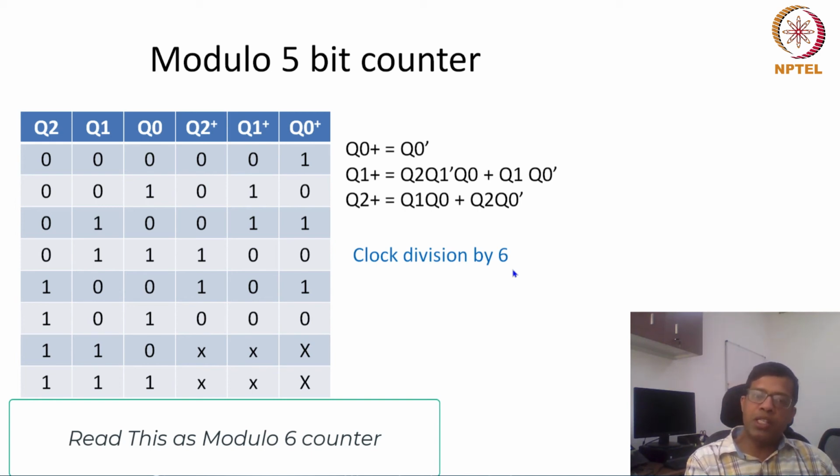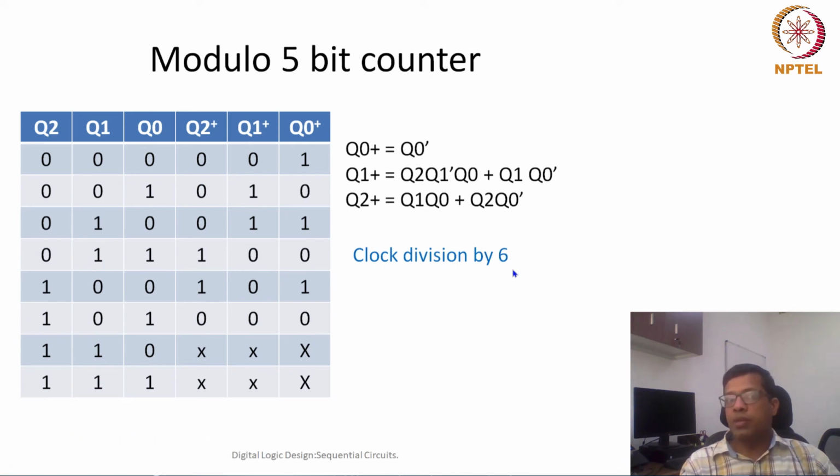From 100 megahertz we can go down to a slower clock, but a faster clock will not be possible. And in creating a slower clock, we can divide by any particular number of our choice.